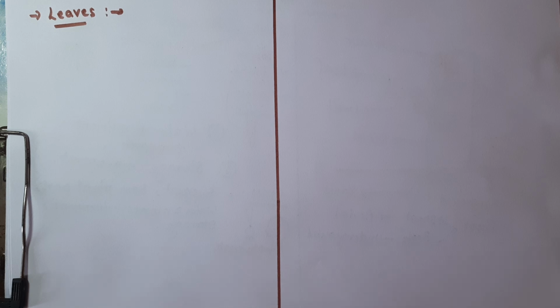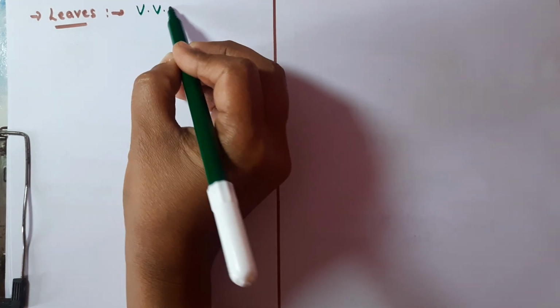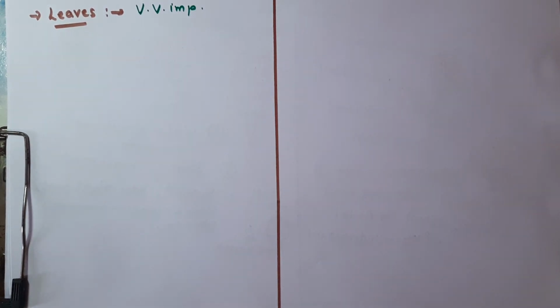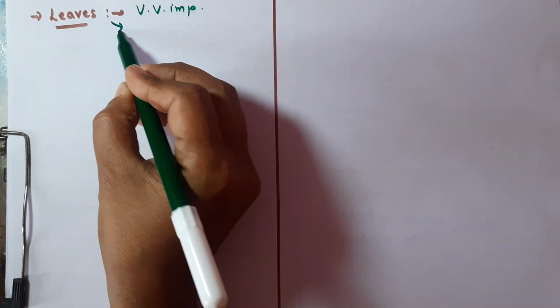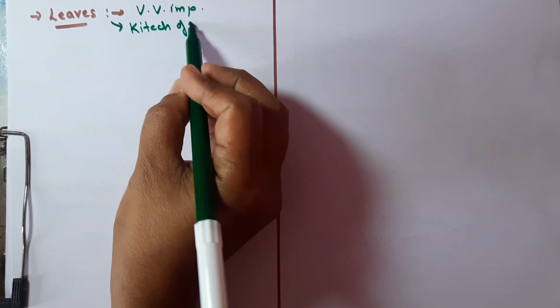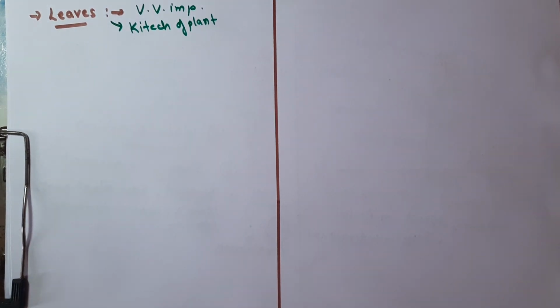So the next plant part is the leaves. Now you understand why roots and stem are important for the plants. In the same way, leaves are a very, very important part of the plant. Why are they important? Because they are known as the kitchen of the plant, since they prepare the food for the plant.